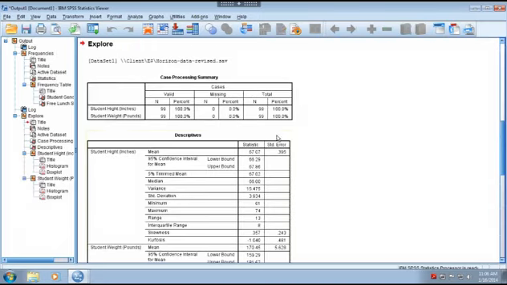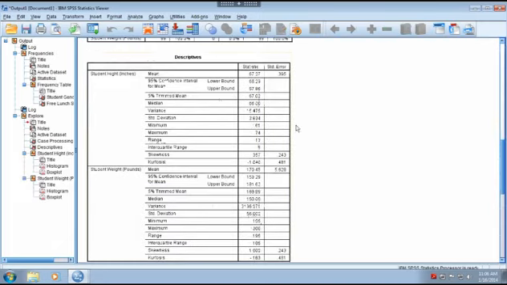So it gives me detailed descriptive statistics for student height in inches here, with a mean of 67.7 and a median of 66.00, and that indicates the mean is higher than the median, which suggests probably positively skewed data.